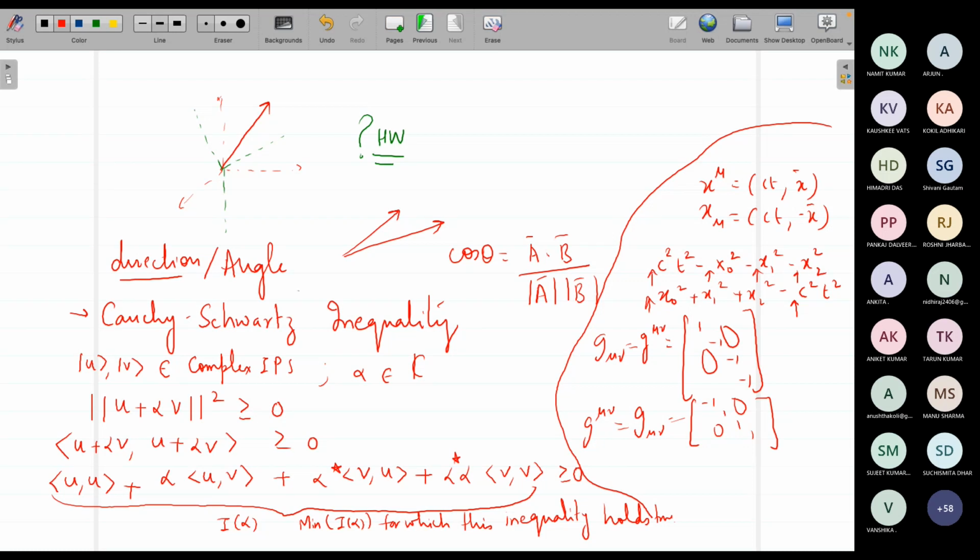In some cases, it will be a real number. Okay, what is the dI by d alpha you got?